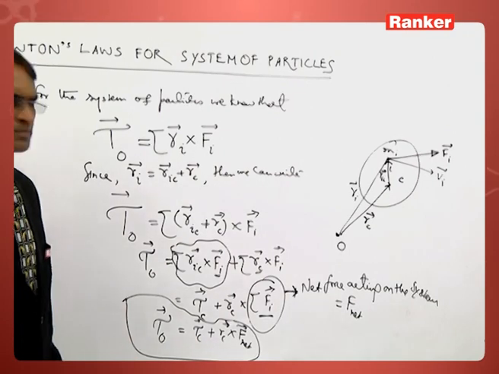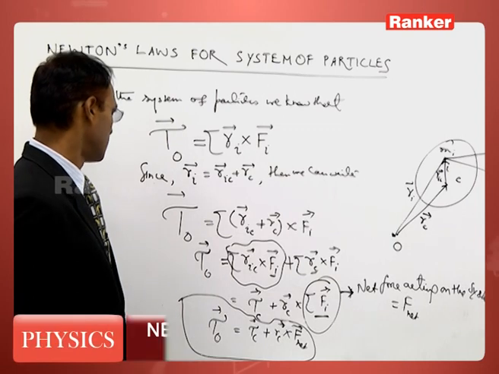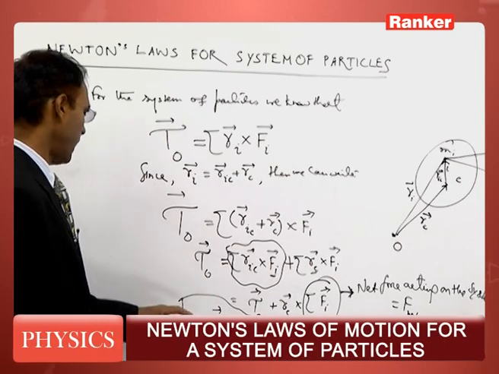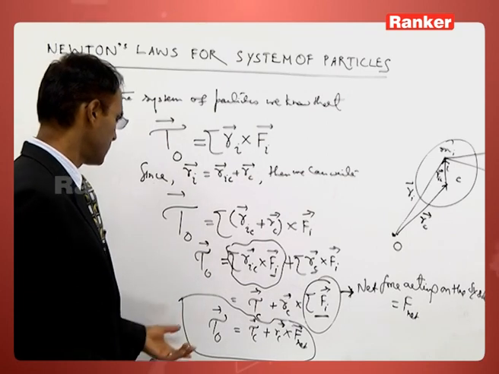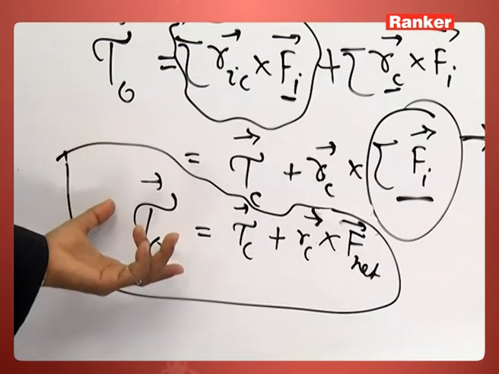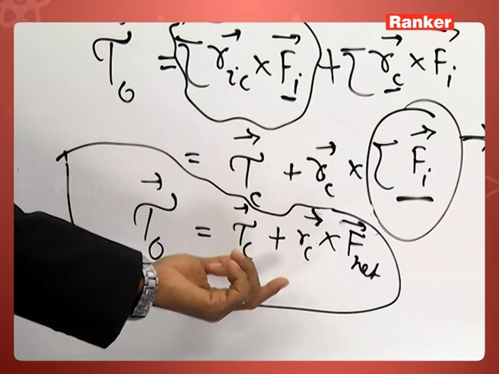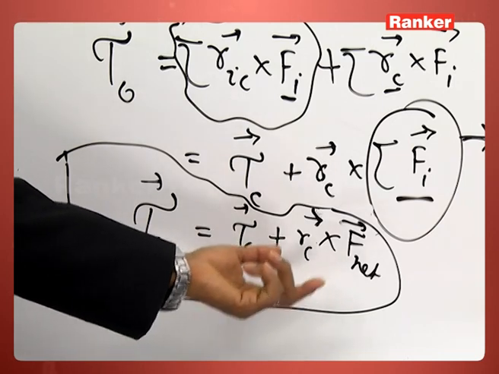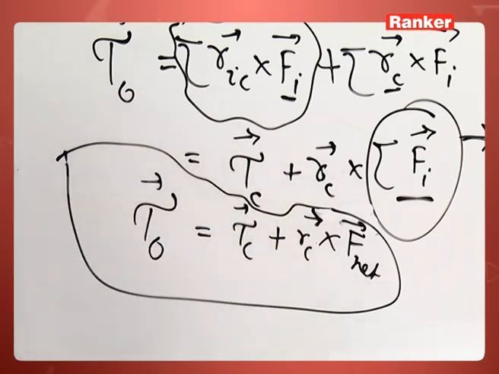This theory we deduced previously. And we have a similar expression for the angular momentum, which states that the angular momentum about the point O is equal to the angular momentum about C plus the angular momentum of the center of mass about the given reference point, RC cross M into VC.